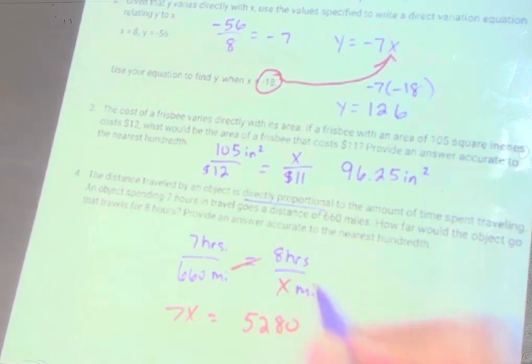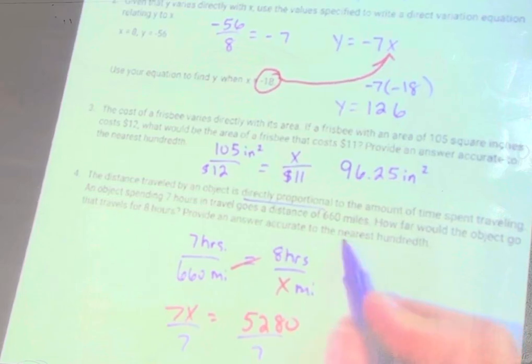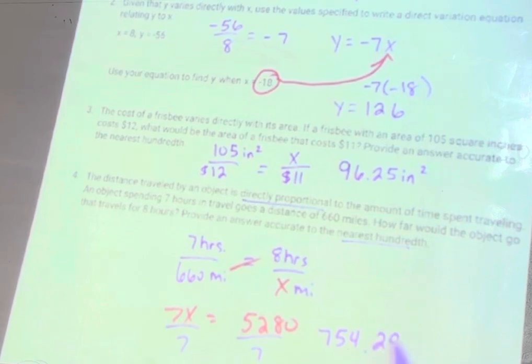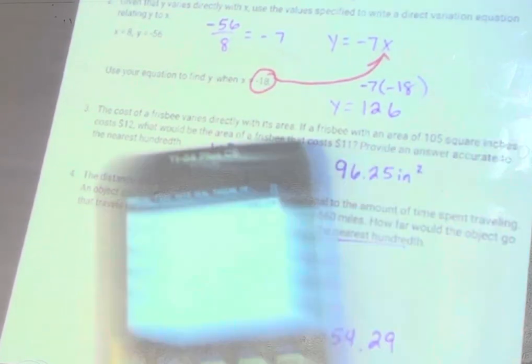Divide by 7. And what does it say to round to? To the nearest hundredth. How many decimal places is that? 2. Okay, so your calculator will round for you.